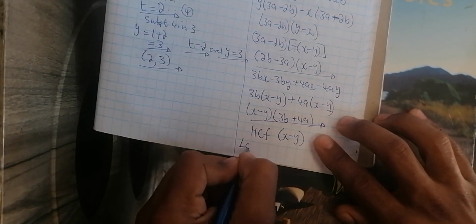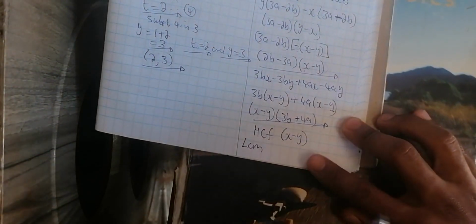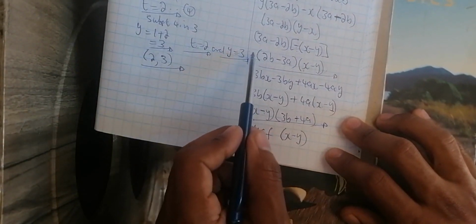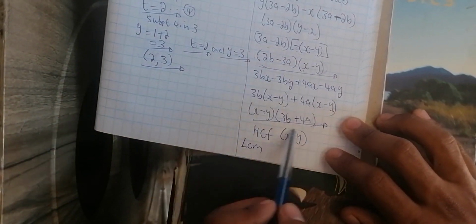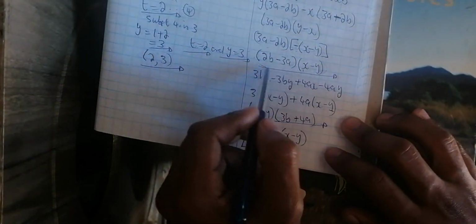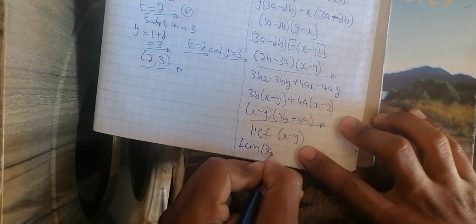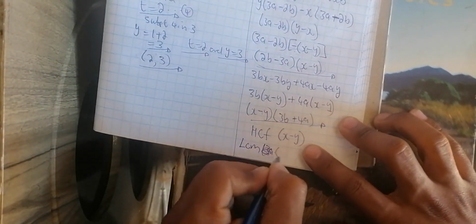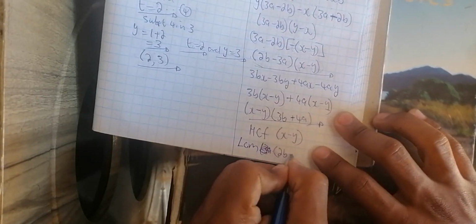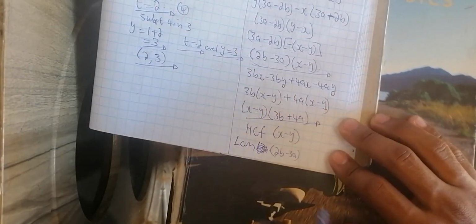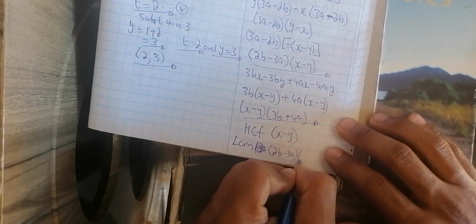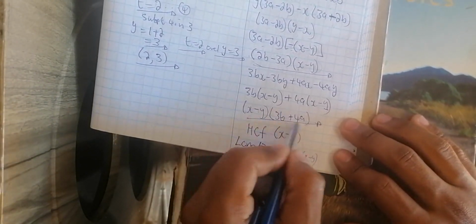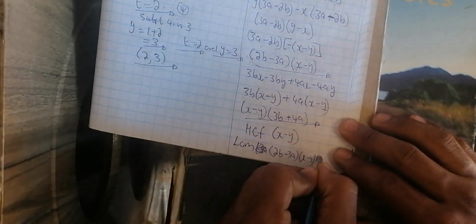And now let's look for the lowest common multiple. Now remember, lowest common multiple, you take everything. So this side you have this, and this side you have that. You will take out 2b minus 3a as the first one for this, and also that x minus y, and you would also take out 3b plus 4a.